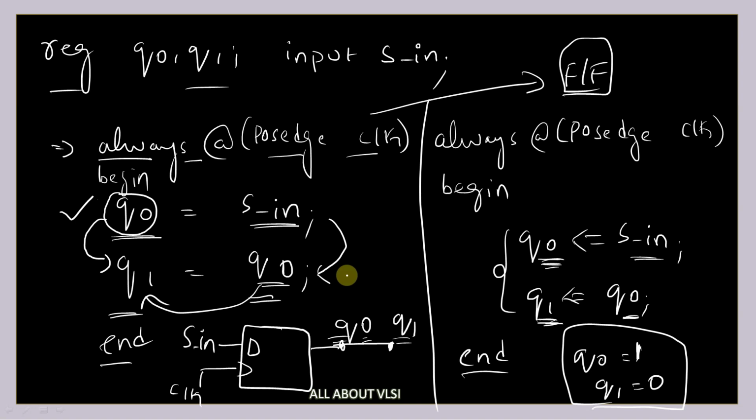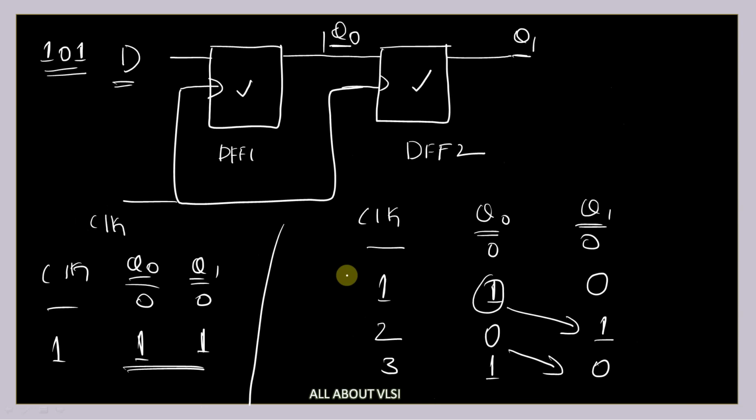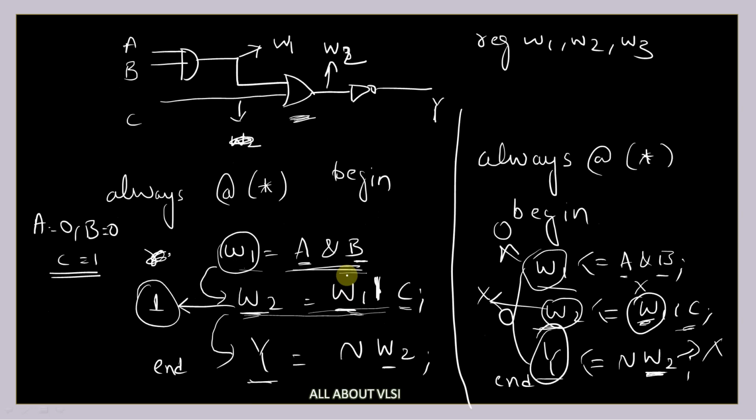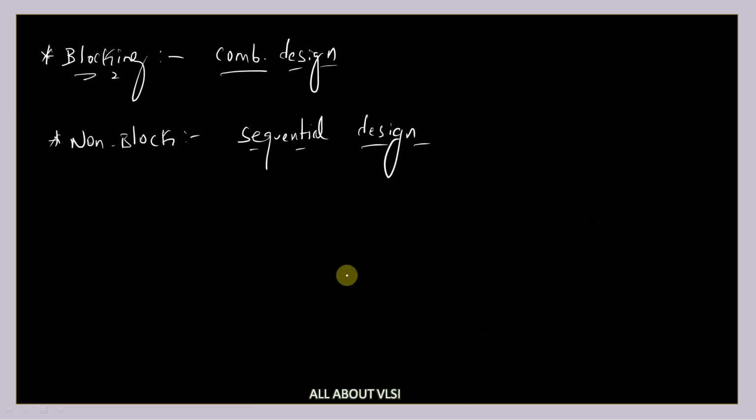This is how your design is going to look if you use a blocking assignment and if you use a non-blocking assignment. That is why it is preferred to use non-blocking assignments in sequential logic, whereas blocking assignments are preferred in combinational logic. That is the reason for this rule: blocking assignments should be used in combinational design, whereas non-blocking assignments should be used in sequential design.